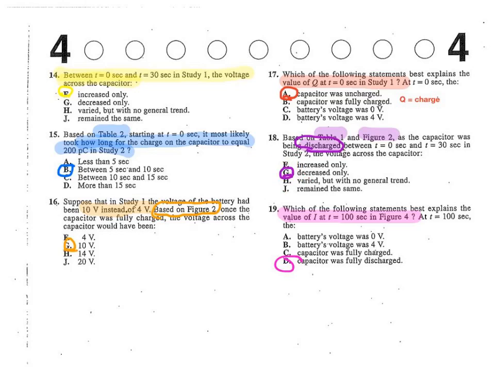Number 19. Which of the following statements best explains the value of I at a time of 100 seconds in figure 4? At time 100 seconds, the blank. Now again, clues, we're going to be looking directly at figure 4. A time of 100 seconds, you have to figure out what I is.